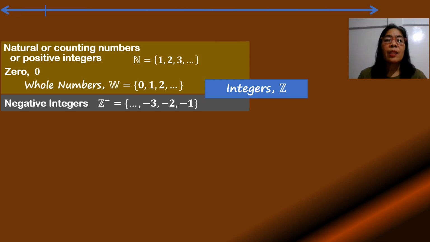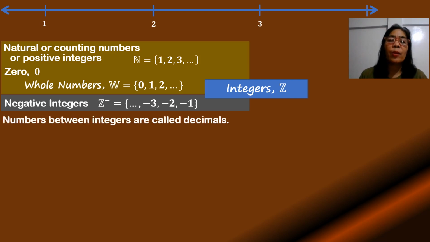Let us take a closer look at the numbers between integers. We have in here 1, 2, 3, 4, and the spaces between these integers also represent real numbers. We call these numbers decimals. There are three types of decimals.